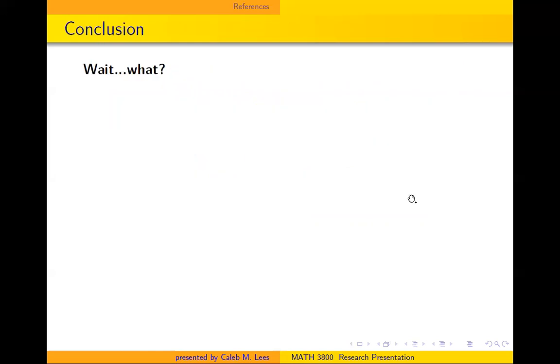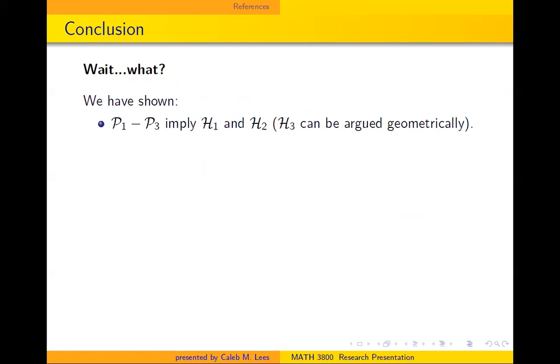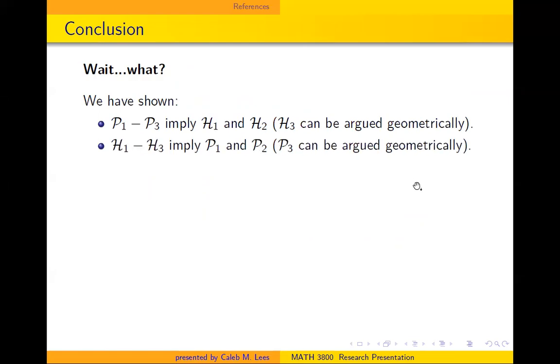So what on earth did I just do? Well, we have shown that if we start with P1 to P3, the basic polar trig facts that we started with, we actually get H1 and H2 for free. So P1 to P3 imply H1 and H2. And H3, which was that weird hyperbolic integral formula for area, can be argued geometrically, and the authors do that in the paper.